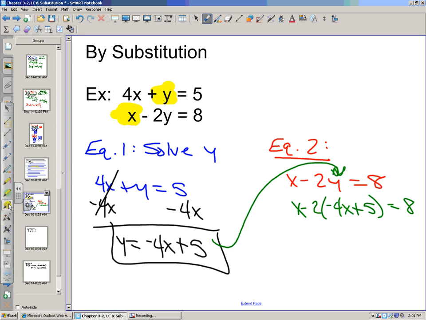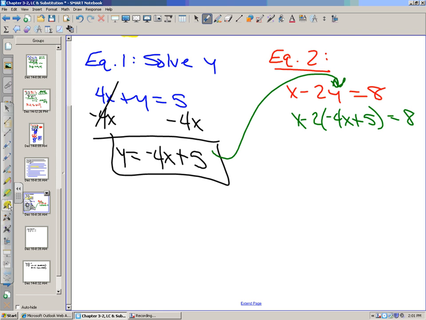Do we see that? So now I have x's and x's, right? One variable. Distribute. x plus 8x minus 10 is equal to 8. 9x minus 10 is equal to 8. Because negative 2 times 5 is negative 10.